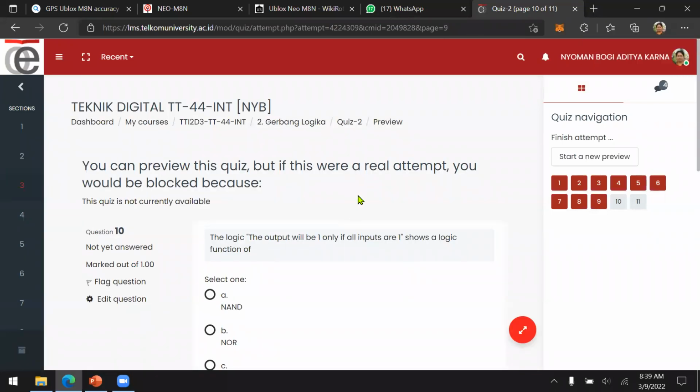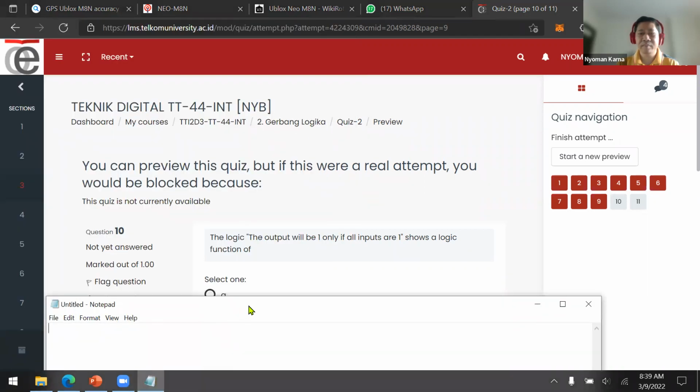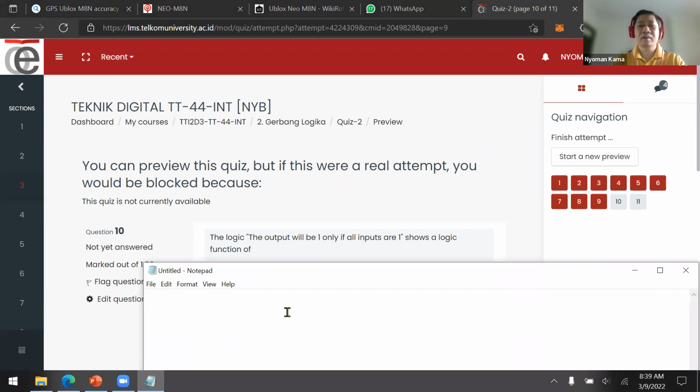Now, the logic: the output will be 1 only if all inputs are 1. So let's say this is A and this is B as the input, and this is the output. AB could be 0,0 or 0,1 or 1,0 or 1,1.